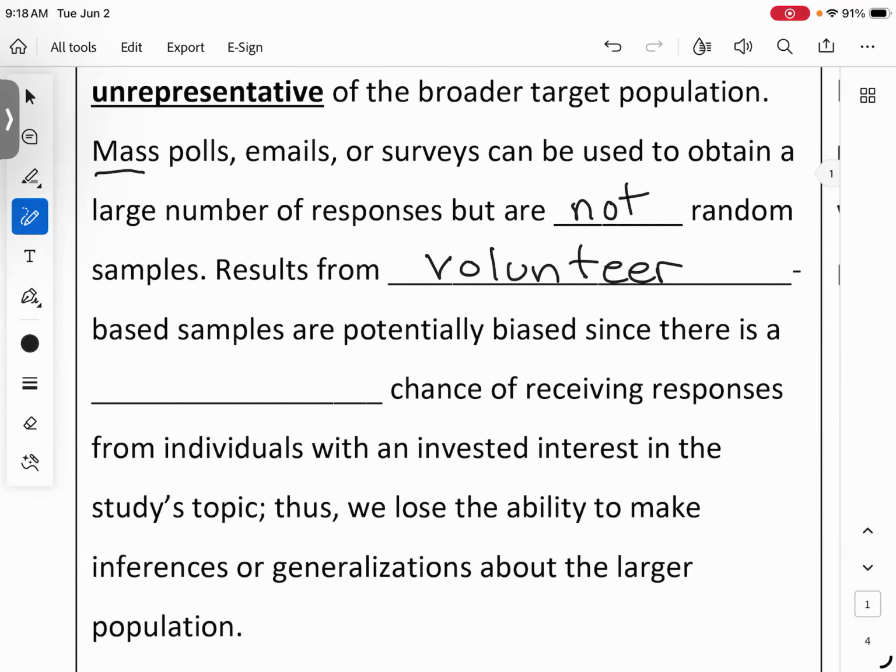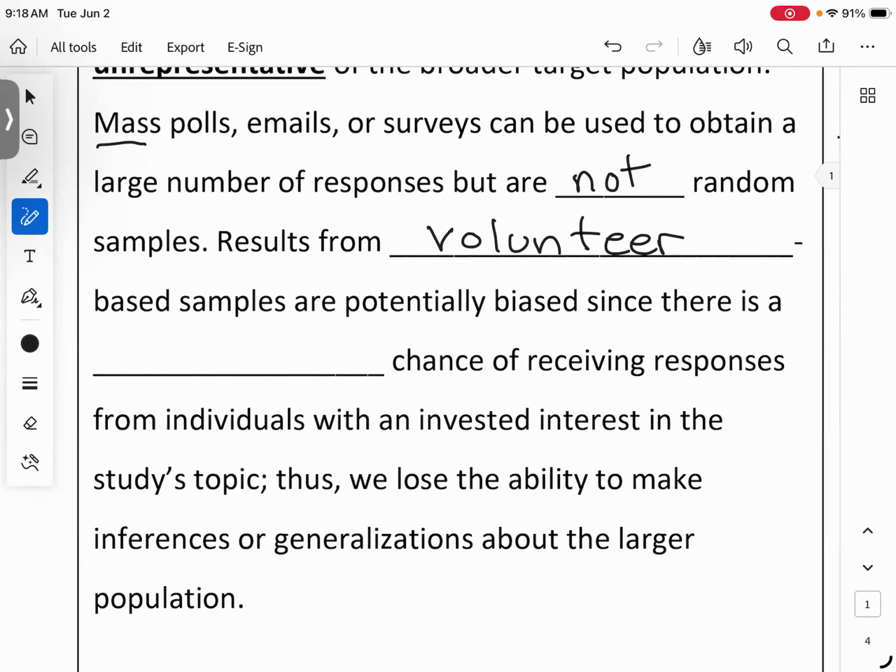If you just send out a bunch of emails or do a bunch of phone calls, you're going to get a bigger sample size. But you're going to lose the diversity. You're not really going to get a good mixture of, going back to the political idea, Republicans, Democrats, people who are richer, people who are poor, a mixture of everybody.